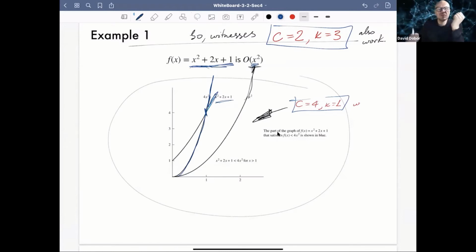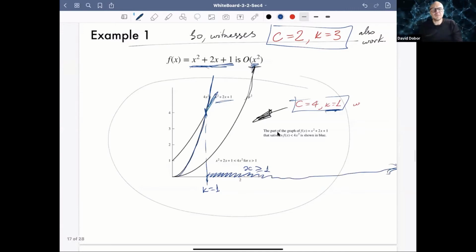Once I managed to stuff the tail of the original function underneath my new function, which is normally a simpler looking function than f of x, then we're done. Where is the intersection? It's at k equals 1. As long as k is 1, for every n, or in this case x is the variable here, all these x's that are greater than or equal to 1, all these guys, forever. Does that make sense to people?